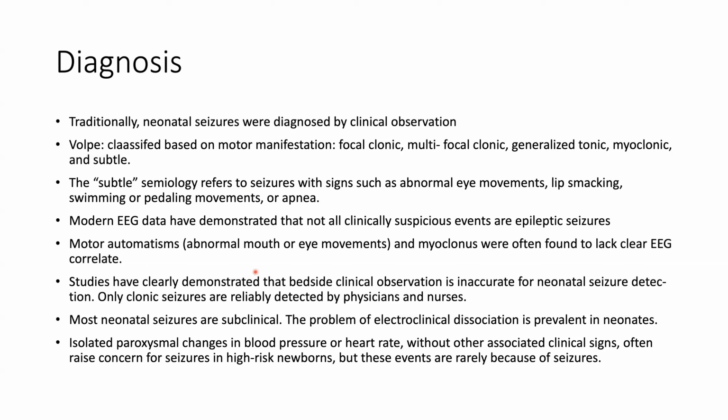Motor automatisms and myoclonus, in addition to generalized tonic seizures, I would say, these three kinds of seizures were often found to lack a clear EEG correlate, right? Studies have demonstrated clearly that bedside clinical observation is very inaccurate for neonatal seizures. Hence, you always need an EEG to monitor for neonatal seizures. Only clonic seizures are reliably detected by physicians and nurses. This is the result of multiple observations and studies which have been published and has clearly established this fact.